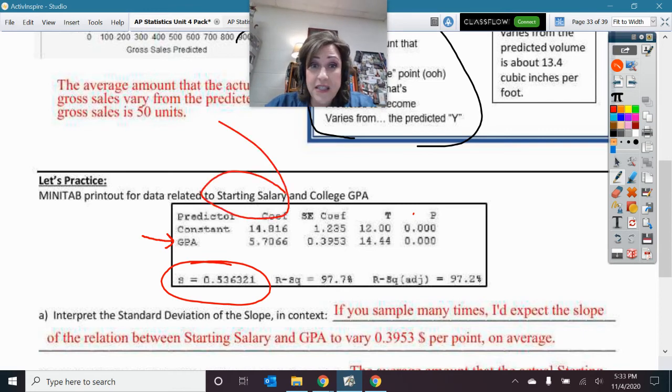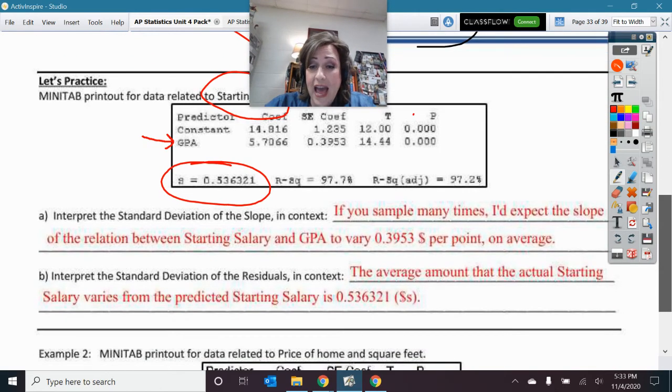So that's what I'm talking about with the y's. The average amount that the actual starting salary varies from the predicted starting salary is 0.53632, whatever the units are. Okay.